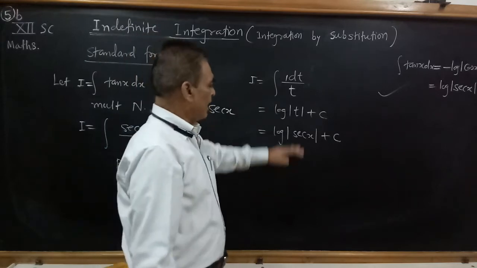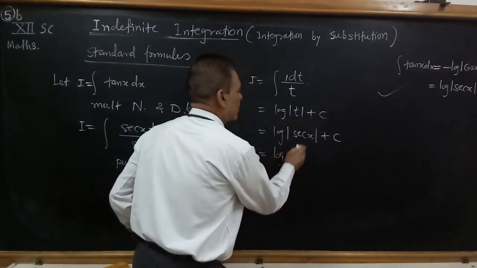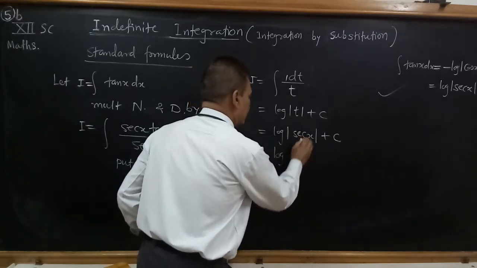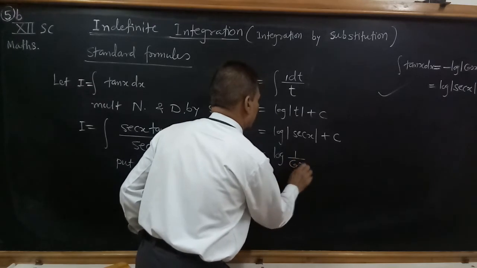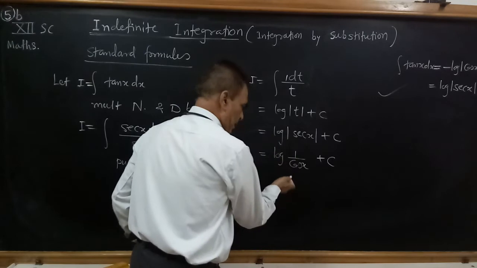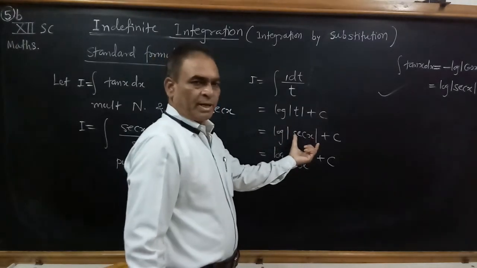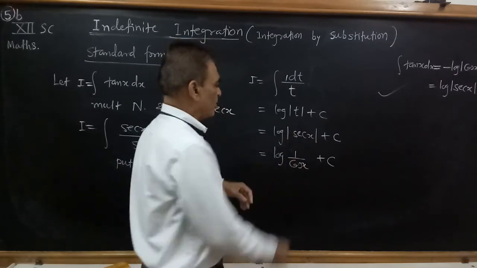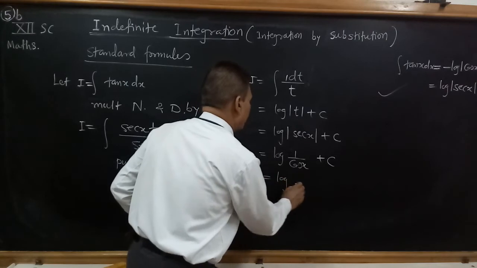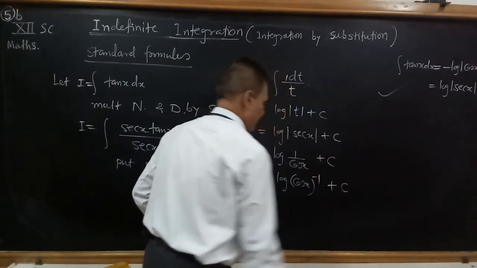Simplify further. You will get log of sec x. What is the relation between sec and cos? Sec theta is nothing but 1 upon cos theta, so log of 1 upon cos x plus c. And mod means only magnitude, don't think about the mod. Take this cos term in the numerator, you will get log of cos x raised to minus 1 plus c.